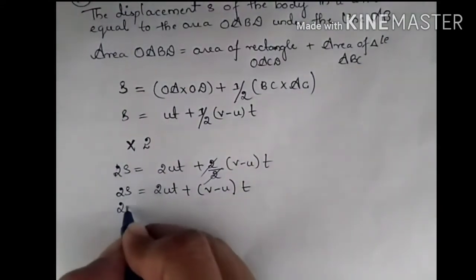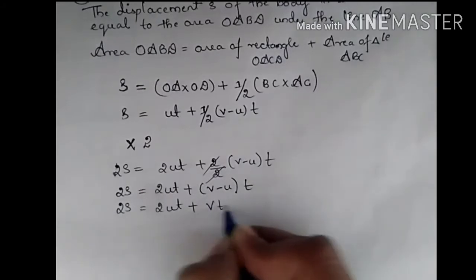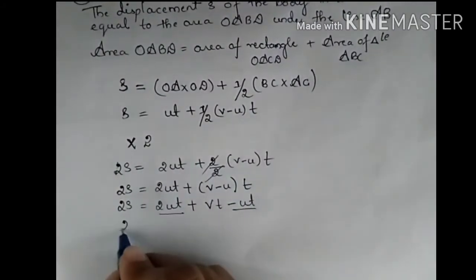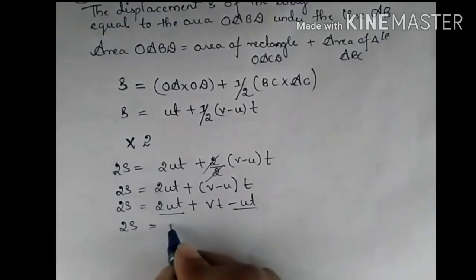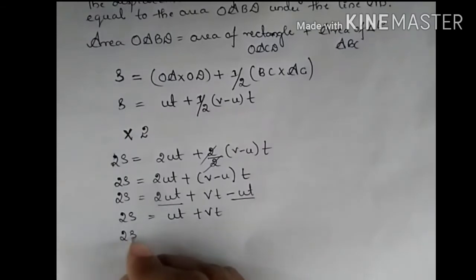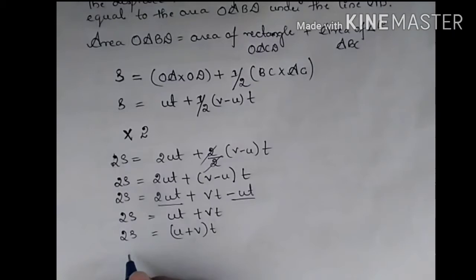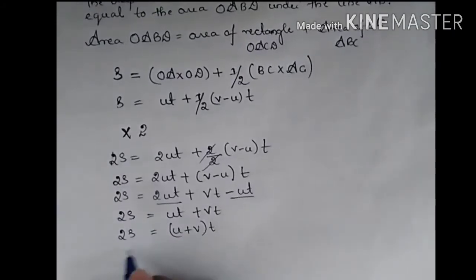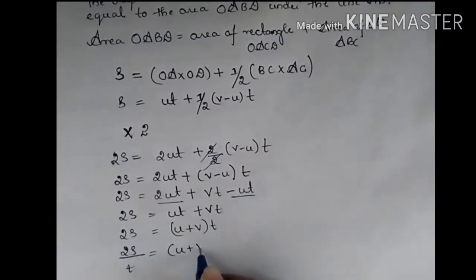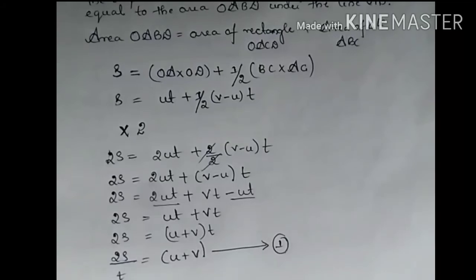If you rewrite this equation, 2S is equal to 2ut plus vt minus ut. So 2ut minus ut will give you only ut. So ut plus vt, so this can be written as (u plus v) multiplied by t. So if you take t to this side, it will give 2S by t is equal to u plus v.